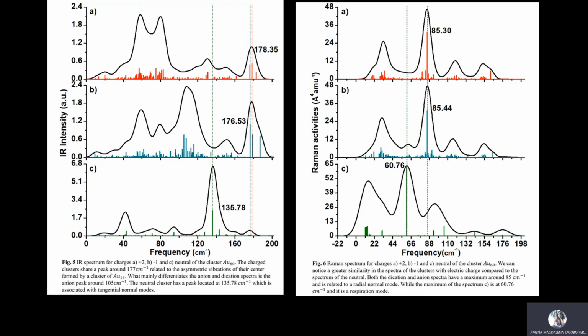In the IR spectrum, the red lines correspond to the dication, the blue ones to the anion, and the green ones to the neutral. We can see that the red and the blue graphics have peaks at almost the same frequencies, while the green one has a peak at a smaller frequency, but with a greater intensity, which is associated with tangential normal modes.